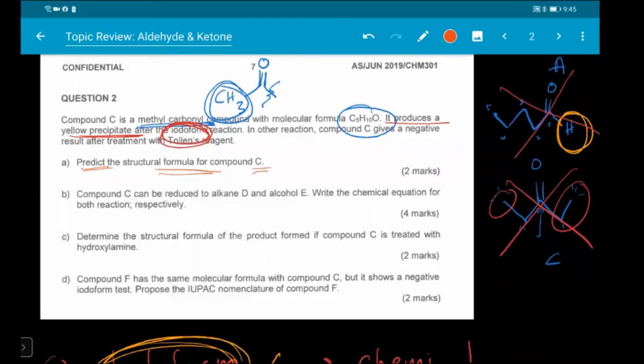Okay, moving on to the next question, soalan B. Compound C can be reduced to alkene D and also alcohol E. Write the chemical equation for both reactions respectively.